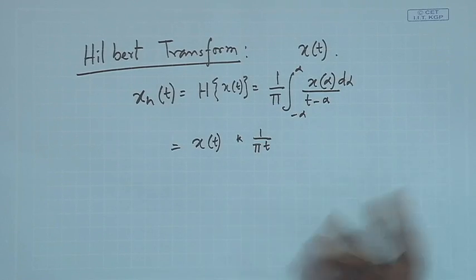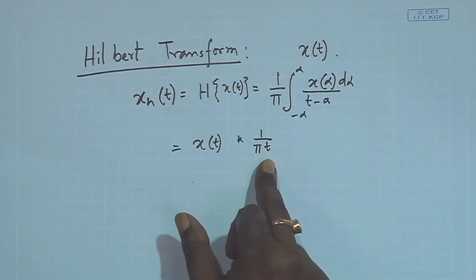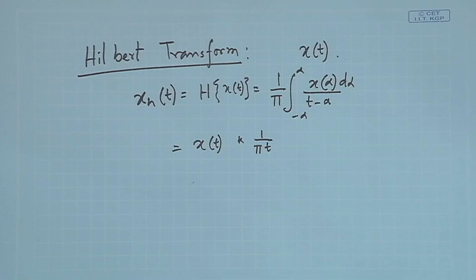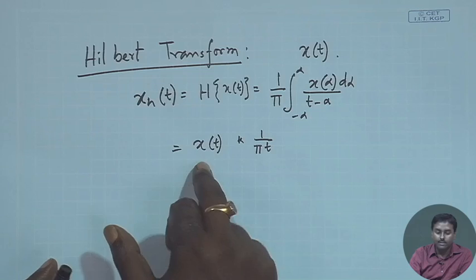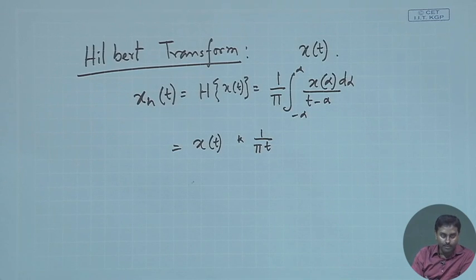A similar thing is happening. 1 by pi t is one of the functions, let us say m2(t), and x(t) is m1(t). If you just do the convolution, you will get this, and instead of tau, we are using alpha as the integration variable. So I can identify immediately that x_h(t), the Hilbert transform, is nothing but the convolution of x(t) and 1 by pi t.